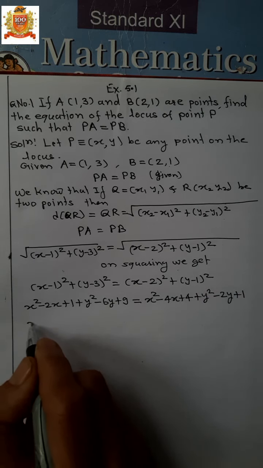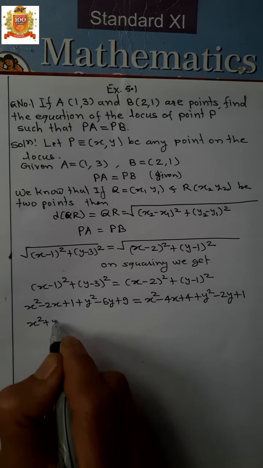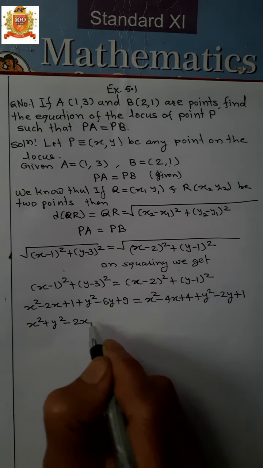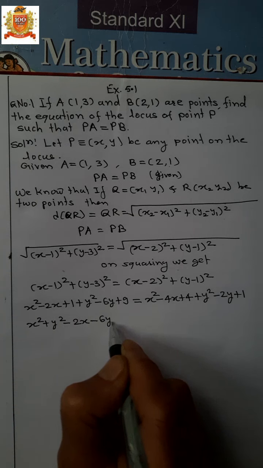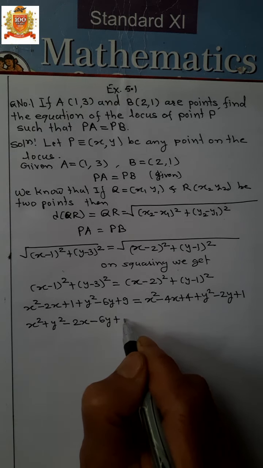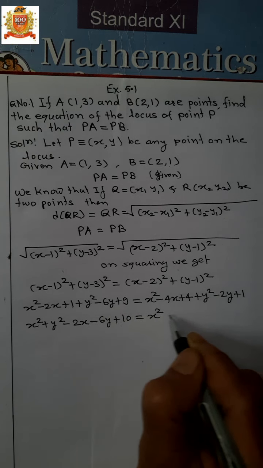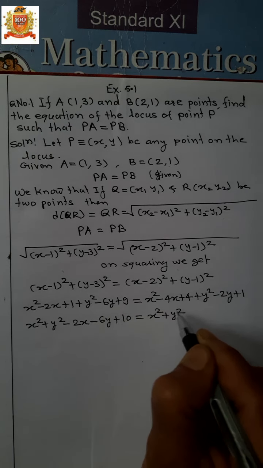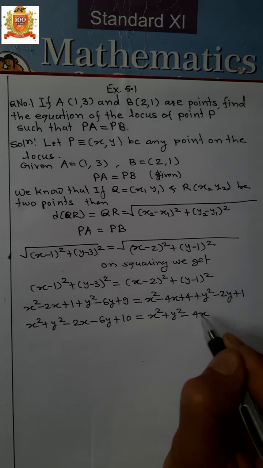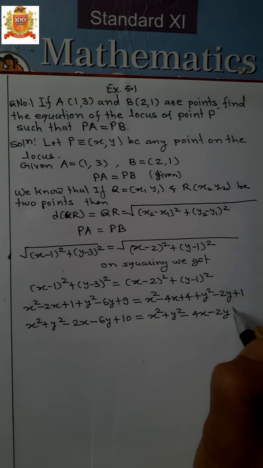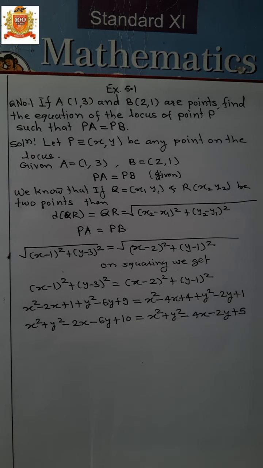That is x square plus y square minus 2x minus 6y plus 10 is equal to x square plus y square minus 4x minus 2y plus 5, isn't it?